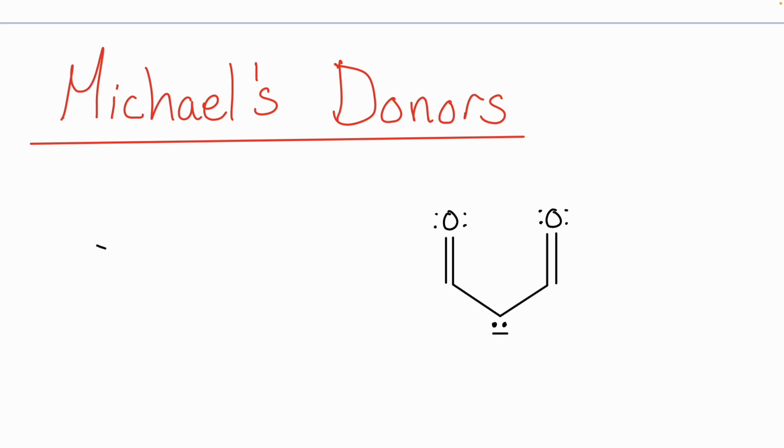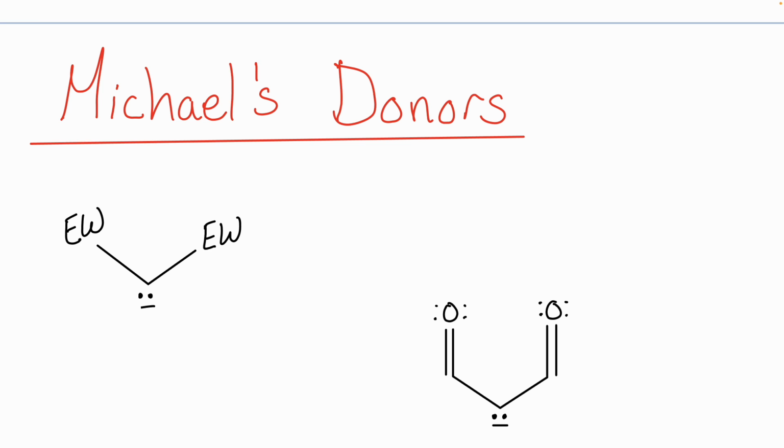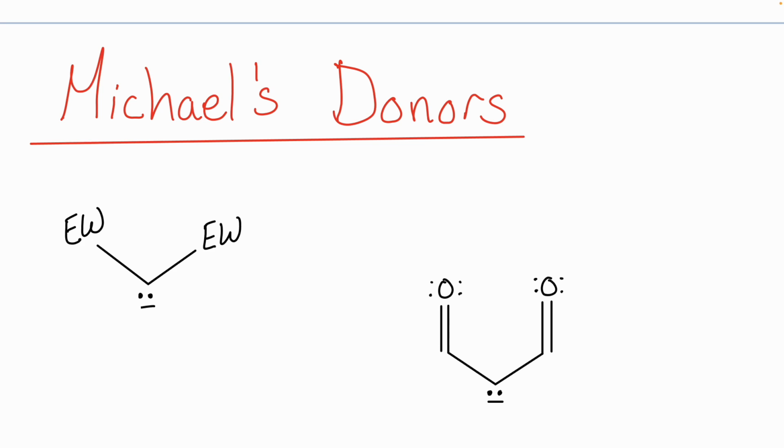where we have this carbanion between two electron withdrawing groups. All right, so here's a good example.